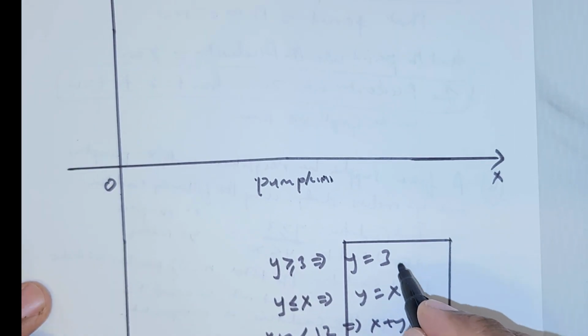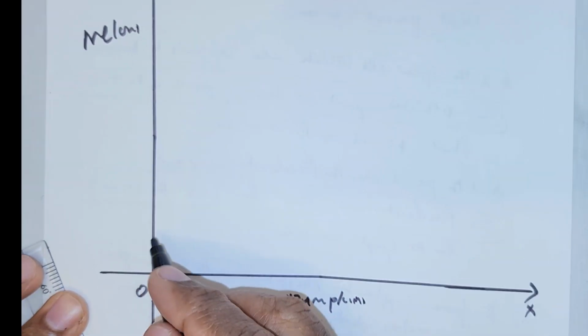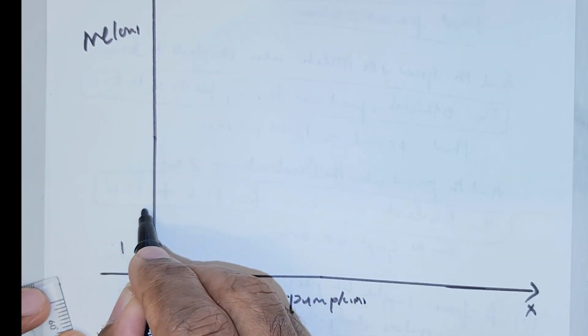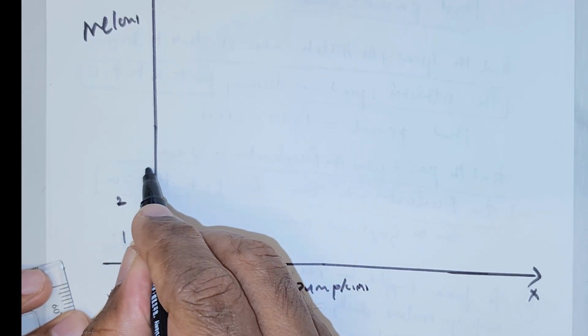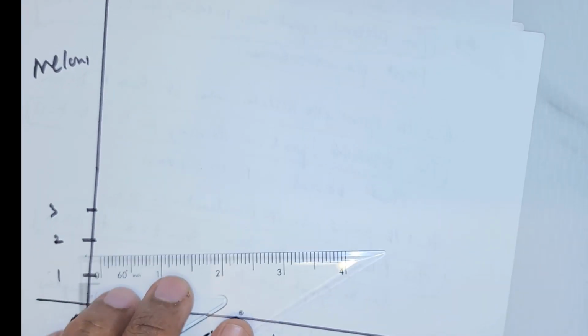Okay, now the first one, y is equal to 3. If I were to take this as 1, that's what they are given, 1 centimeter is equal to 1 unit. So this is going to be my line.